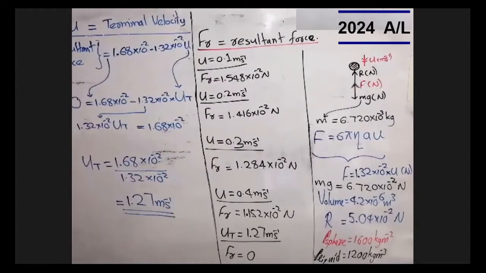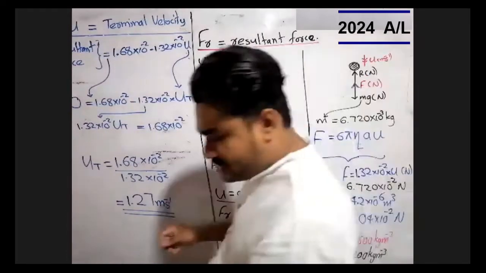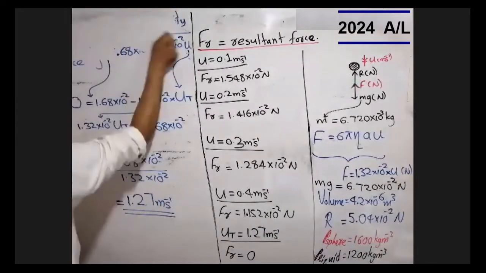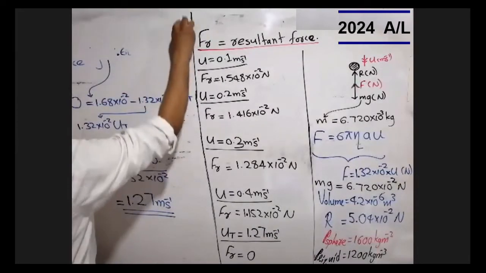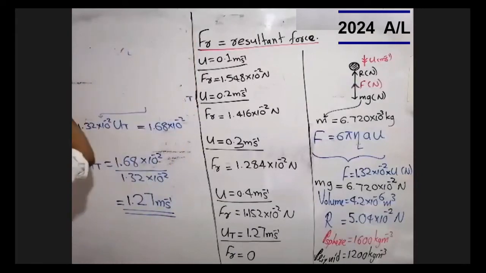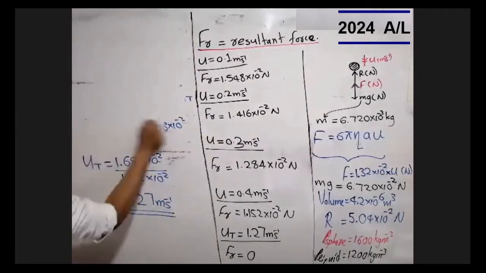Right. If I draw a graph between the resultant force acting on the sphere and the velocity of the sphere, what will be the shape of that graph?